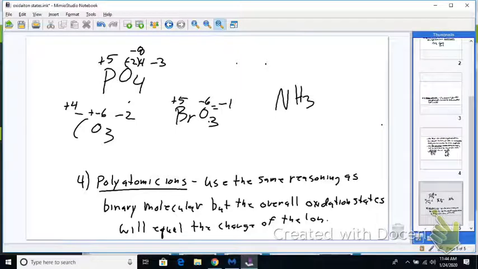But hydrogen is going to be what with a nonmetal? What's the rule? +1. And I've got 3 of them, so that's a +3. And so nitrogen is going to be what? -3.